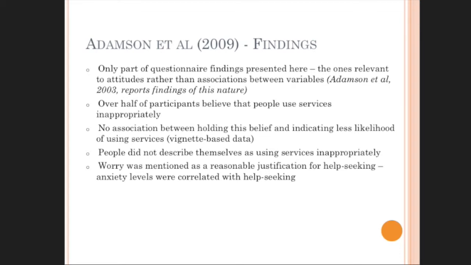So this is where the integration really came in, because Adamson went back to the questionnaire data and used hypotheses that they generated from the qualitative interviews, such as anxiety being maybe a factor that might influence people's questionnaire answers, and then tested that against the questionnaire data.